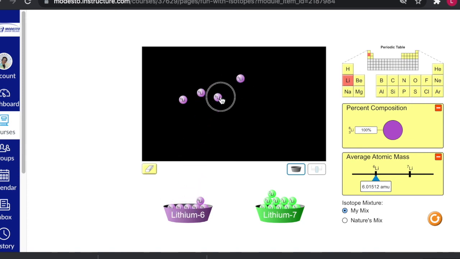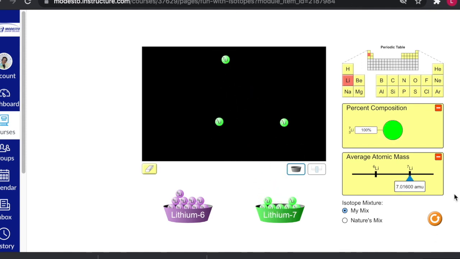If all the lithium on Earth were lithium-6, this would be the mass. This is the mass of the lithium-6 isotope. It's close to 6, it's not exactly 6. If it were all lithium-7, we would have this mass. If it were half and half, so half lithium-6 and half lithium-7, it would be sort of in the middle, very close to 6.5.